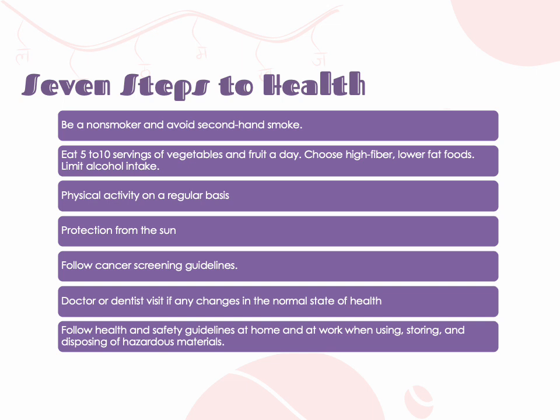Physical activity helps prevent issues with blood pressure, heart rate, or if there are pre-existing issues, you can help curb the effects of that with physical activity. Protection from the sun helps with preventing of cancer, along with following cancer screening guidelines. Visiting your doctor and dentist helps you see if you have any new processes that need to be investigated.